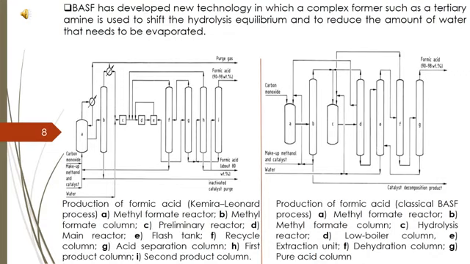From D, the feed goes towards E, the extraction column, and then moves forward into F, the dehydration column, and then the concentrated, separated or extracted acid, with a small amount of water, is fed into the pure acid column.